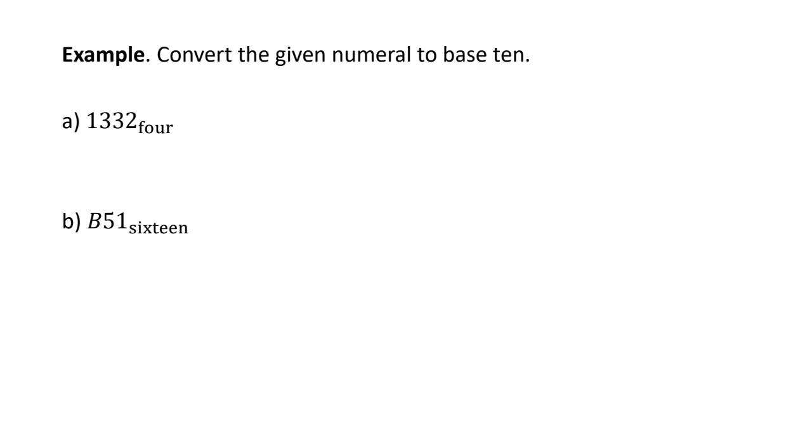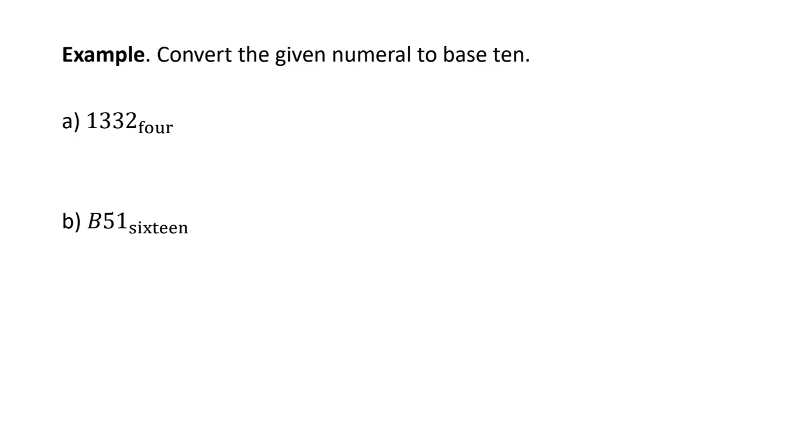I cannot read it as 1,332 because that would be if the number was in base 10. But we see that it mentions it is in base 4, like an index or a subscript that is telling me that the number is in base 4. So I usually just read it digit by digit.